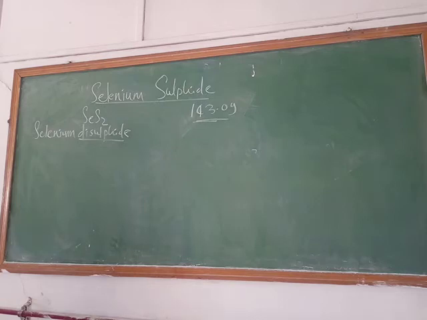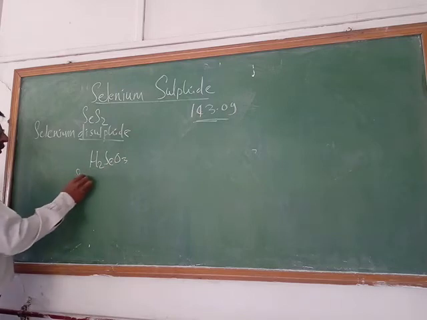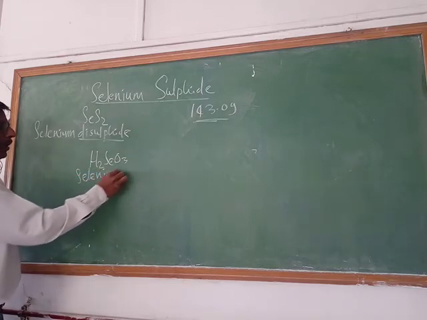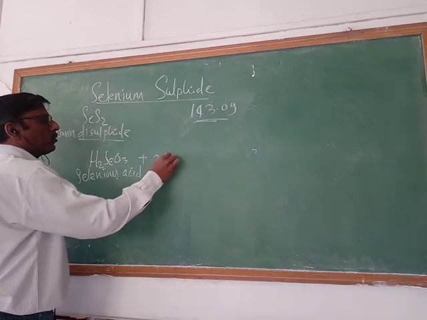Preparation. It is prepared by treating selenious acid with saturated hydrogen sulfide solution in presence of aluminium chloride. सेलेनियस एसिड को अगर आप रिएक्ट करोगे हाइड्रोजन सल्फाइड सॉल्यूशन के साथ में तो आपको सेलेनियम सल्फाइड मिलेगा. अब सेलेनियस एसिड, H2SeO3, plus saturated solution of hydrogen sulfide.